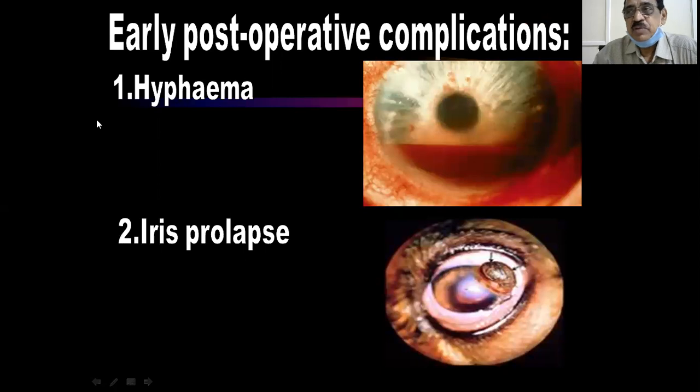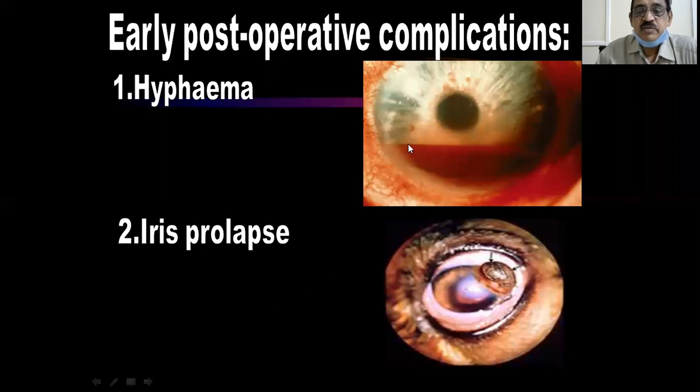Early post-operative complications, I have already told you, hyphema is the most important thing, and this can be given as a short note. Suppose it is mild, moderate, or total hyphema, the complications of unattended total hyphema are corneal decompensation and blood staining of the cornea, necessitating a keratoplasty, and keratopathy can occur.